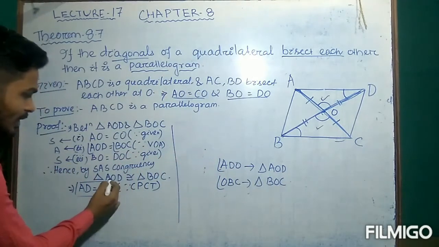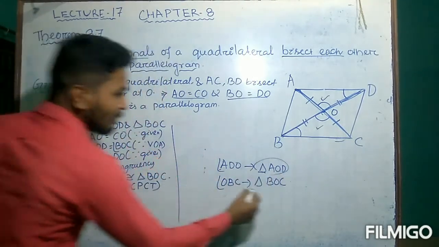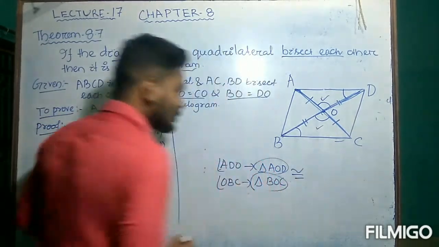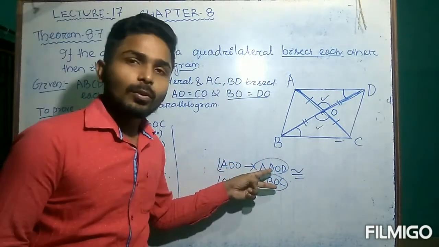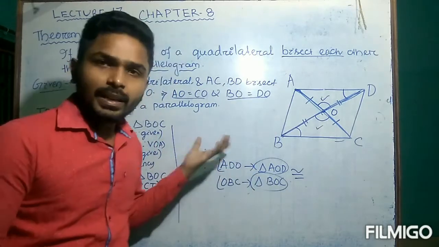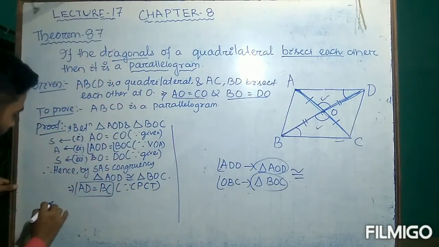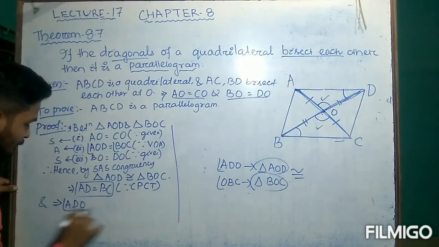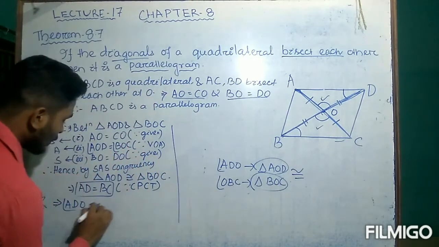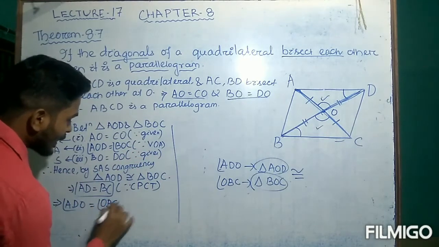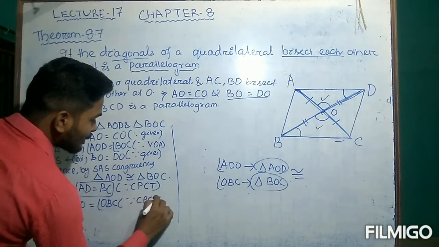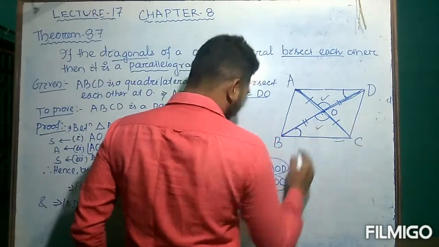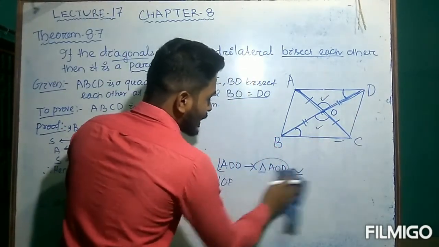But now we have proved that triangle AOD and triangle BOC are congruent. That means if any two triangles are congruent, then their corresponding angles must be equal. So angle ADO is equal to angle OBC. It is due to congruency. Understood? So we have proved that this angle and this angle are equal.